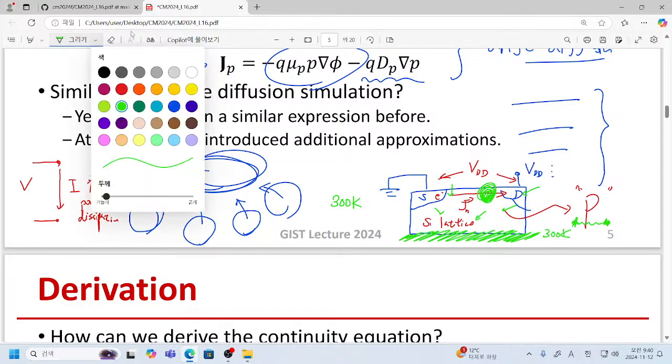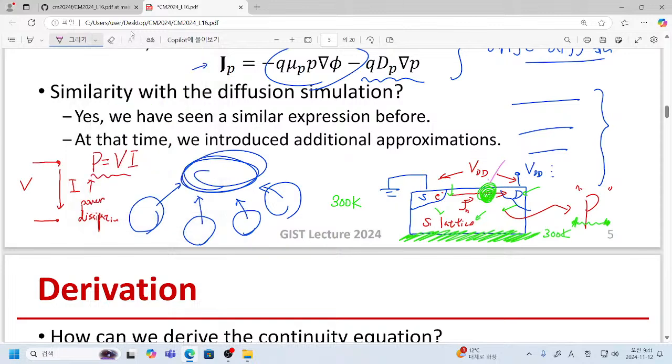So simply speaking, if we consider our system, yes, this part is locally hot and the other part is locally cold. So there will also be change of electron transport according to this local temperature variation.